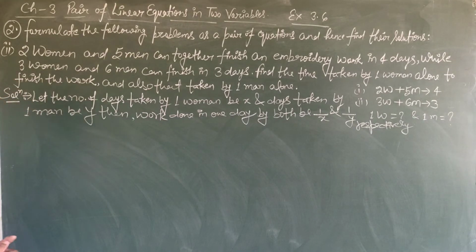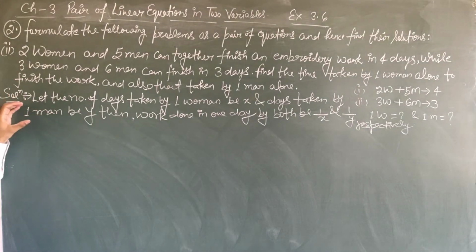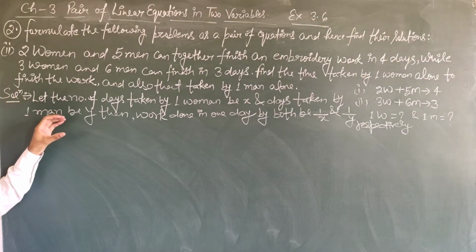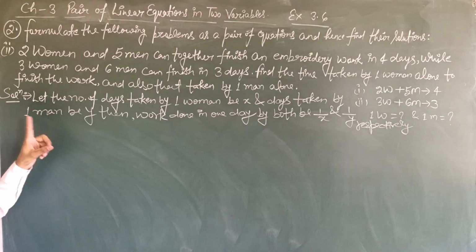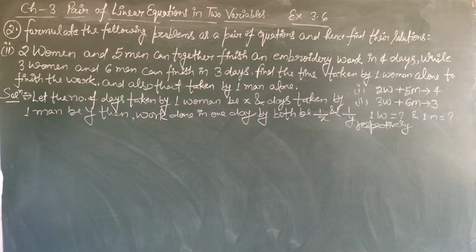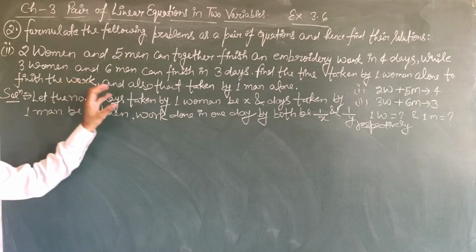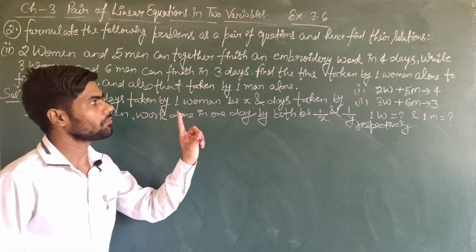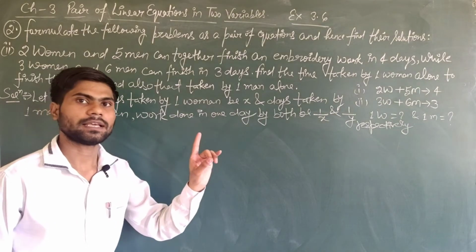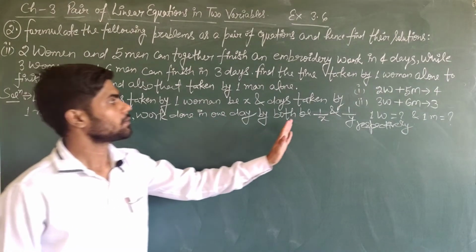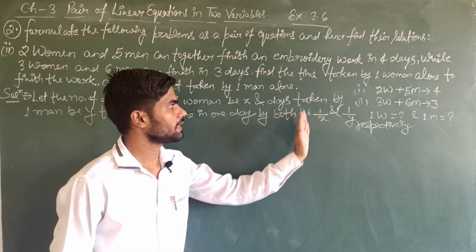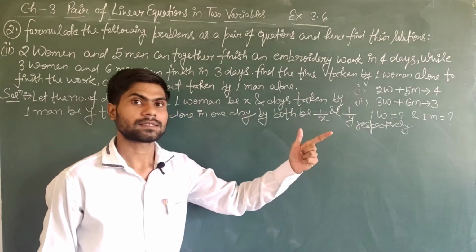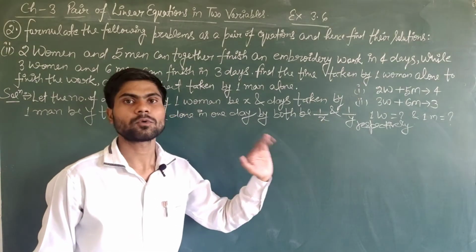You have to remember this thing always. If one man takes y days, then work done in one day will be 1 upon y. If one woman takes x days to finish a work, then work done in one day will be 1 by x. If we add 1 by x, x times, that will be x upon x.